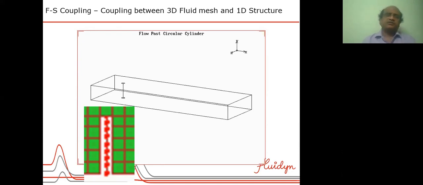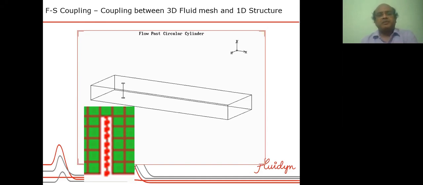So in fluid, we have these coupling facilities where the user can specify this 1D element for the structure and just specify the diameter of it, and it will automatically identify the fluid elements in the neighboring region and transfer the boundary conditions. Loads for the structural solver and the movements for the mesh movement, surface movements for the flow field.